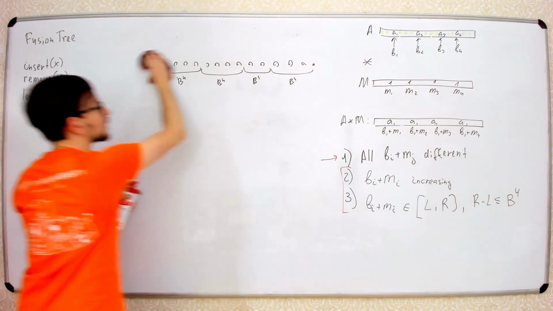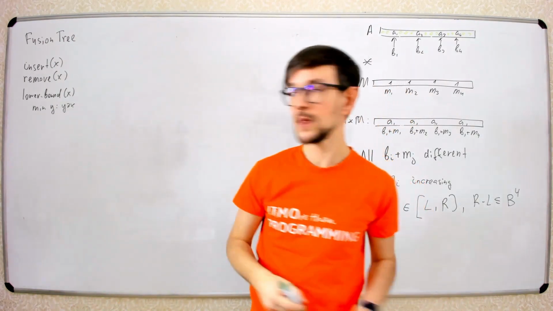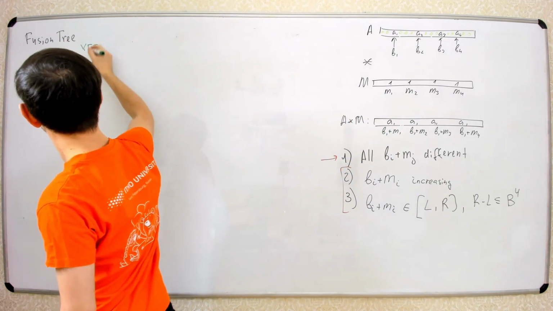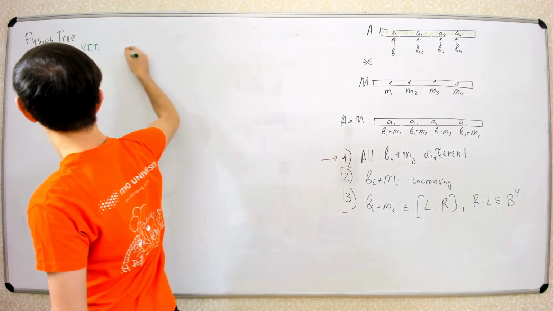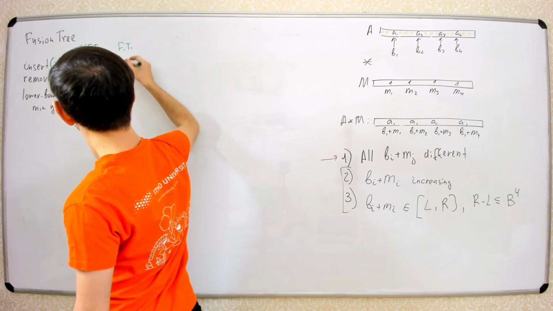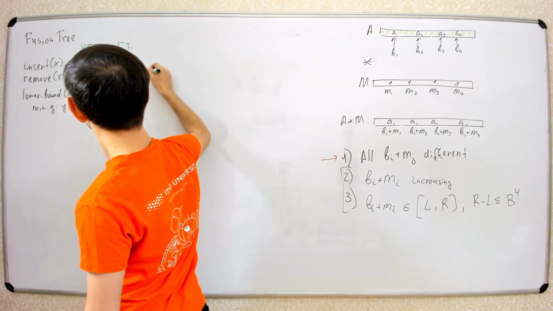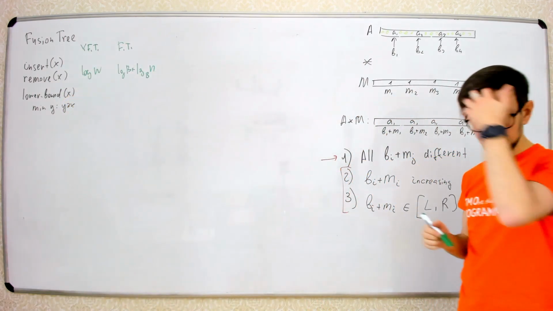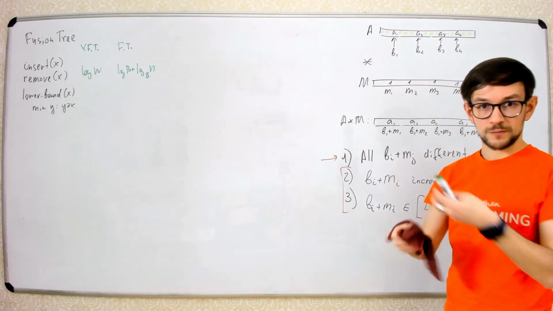We have two techniques: the y-fast tries from the previous lecture, which work in log W, and this fusion tree with time complexity log base W of n. Let's try to merge them.